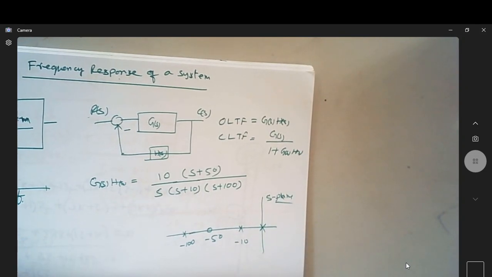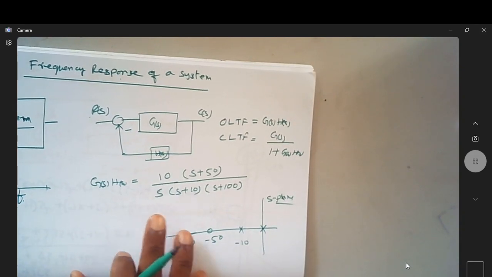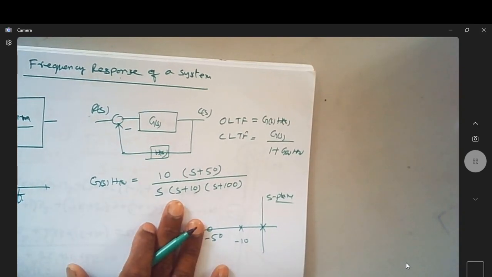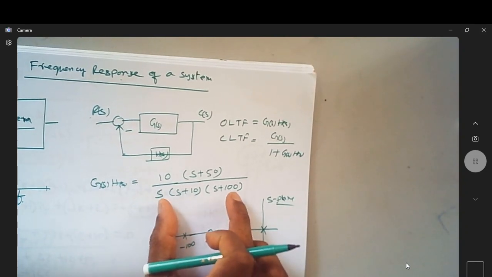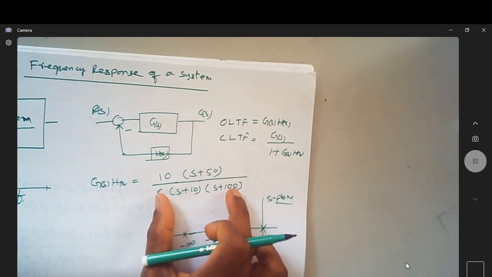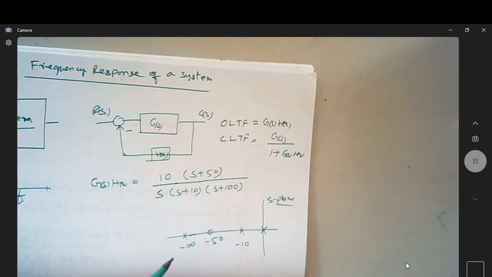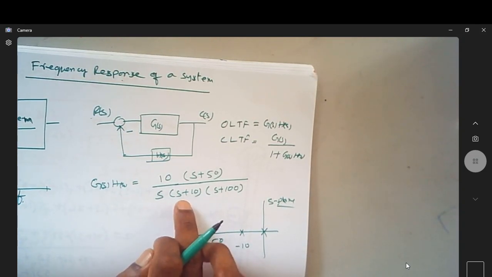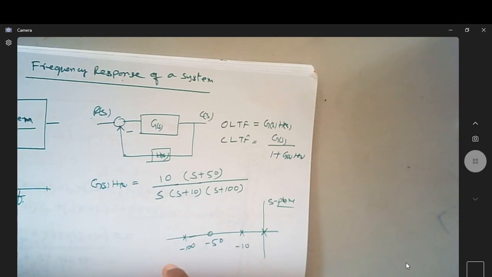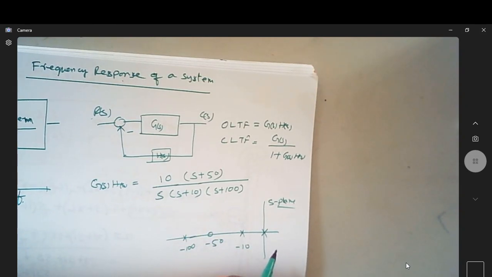Now if I want to plot the frequency response of this, the first and foremost thing is that I have to convert this transfer function to time constant form. We know that a transfer function can be represented in two different forms: one is pole-zero form, the other is time constant form.